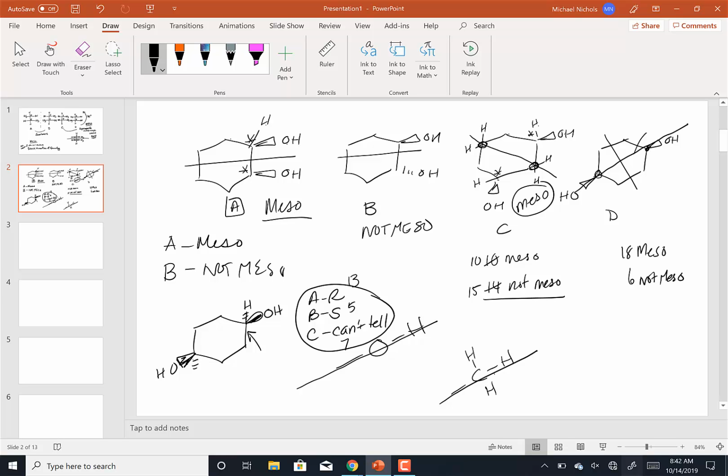Okay, time to revote. Based on your discussion, let's revote. A, R, B, S, C, cannot tell. Okay, so now we're split into 18 R's and 7 can't tells. So did all the 7 can't tells, did you hold your ground?